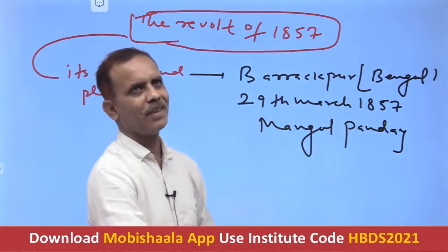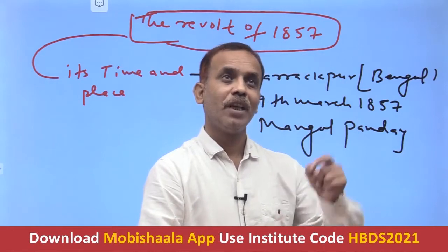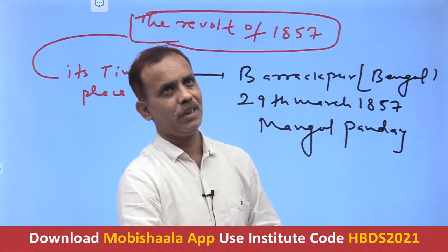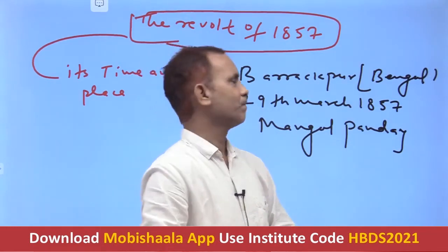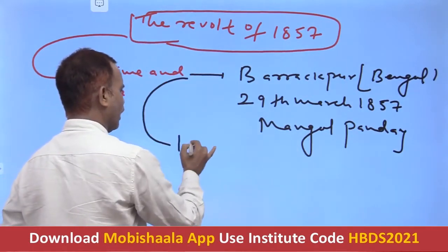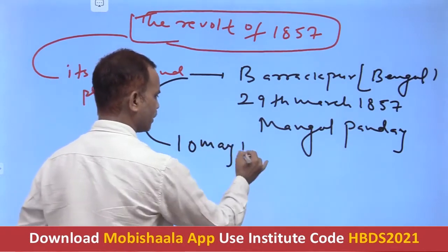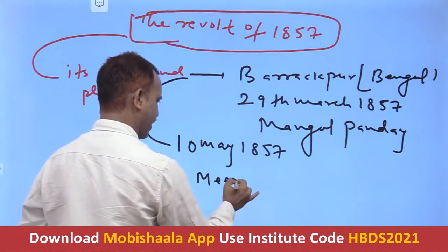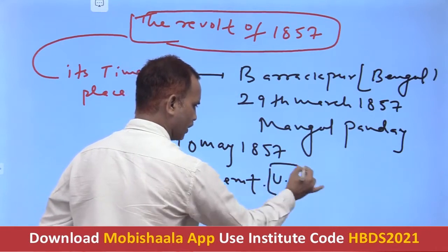But it was not the end of the revolt. It was not the end of the fire. It was only a flame of the fire. Next, 10th May, place Meerut, Uttar Pradesh.